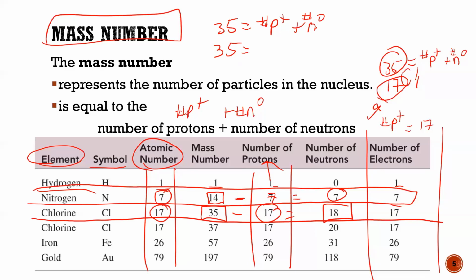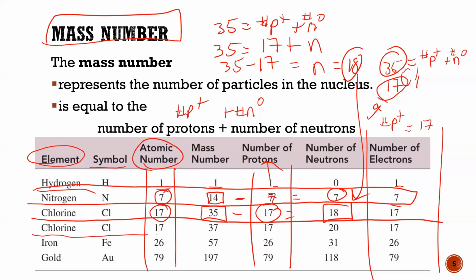That's the atomic number, that's what makes it a chlorine atom. 17 plus N, I'm sorry. If I solve for N, it's just 35 minus 17, which equals 18.